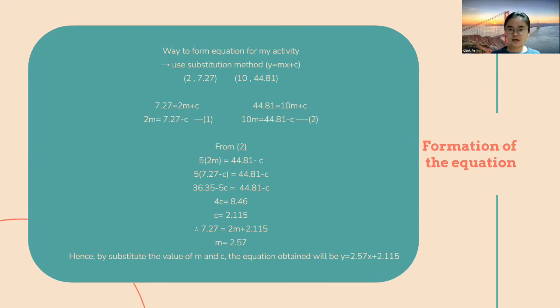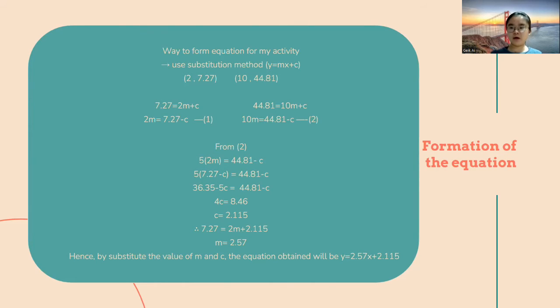From the second equation, I can modify it a bit. I know that 10m is equal to 5 times 2m. So from the first equation, 2m equal to 7.27 minus c. So I can substitute the value of 2m into the second equation.